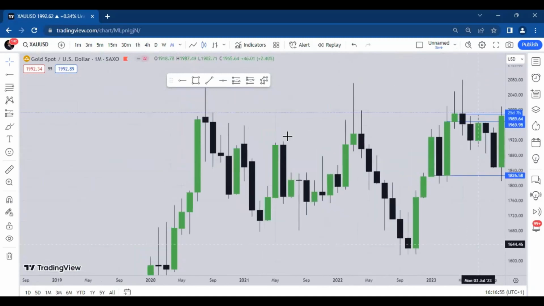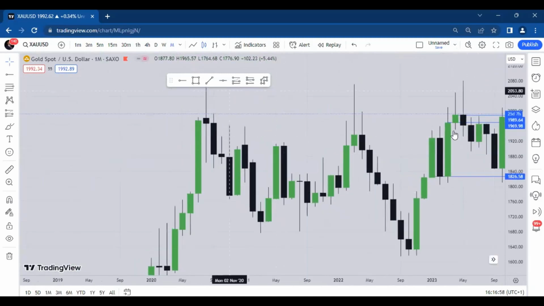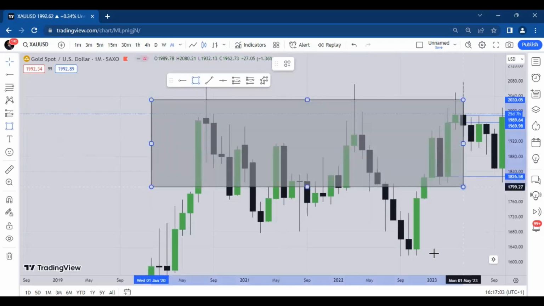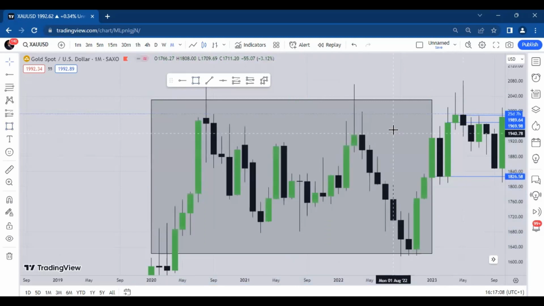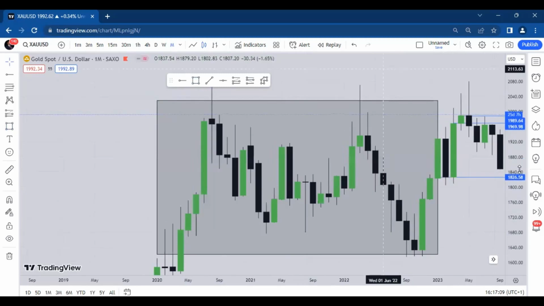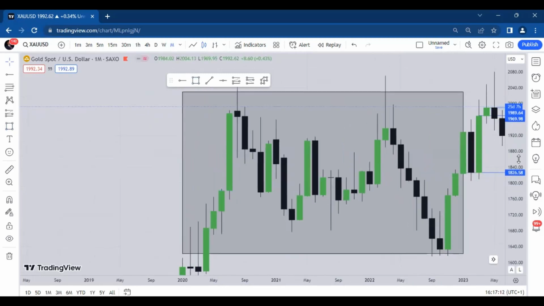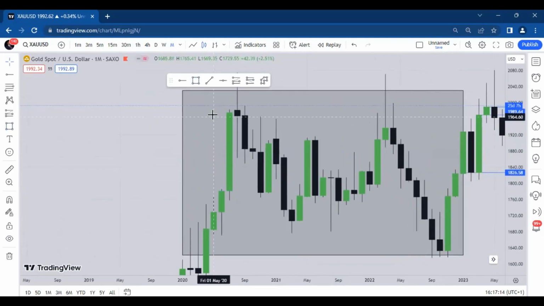If we look at this, these are monthly candles. This thing happened in almost a whole year. If we look at what transpired inside this range, you will see that price is always moving from support to resistance. This sale started from this open and close here.